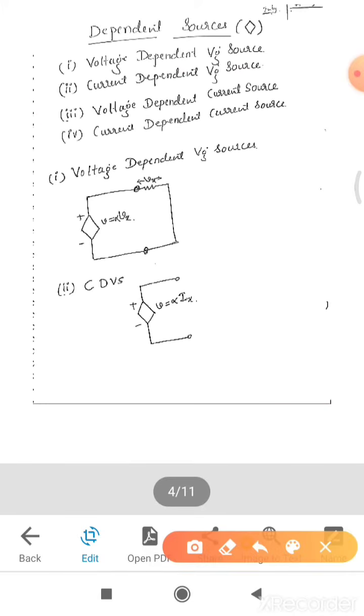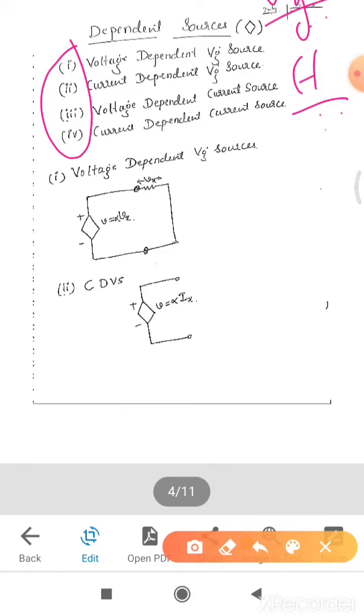Whereas dependent sources, as the name itself indicates, are going to depend on something. Based on their dependency parameter, we are going to classify them into four types. Remember, the sources are of only two types, voltage source and current source, and among these two only we are going to bifurcate.